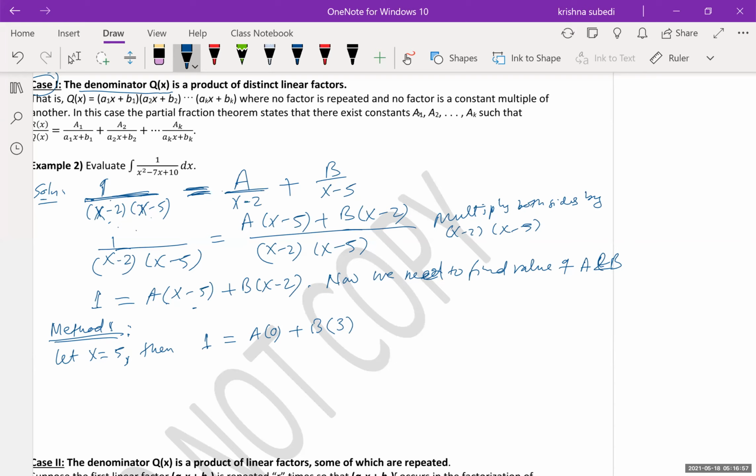This is your equation 1, and now you can solve. What is the value of b? Well, it is 1 divided by 3. Now, in the same way, we want to eliminate b this time. What value of x will eliminate b?